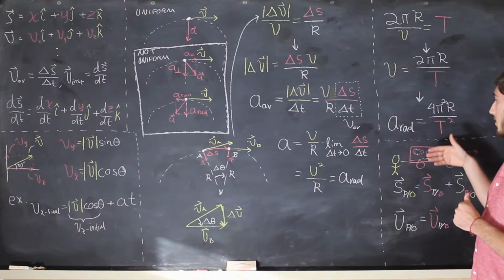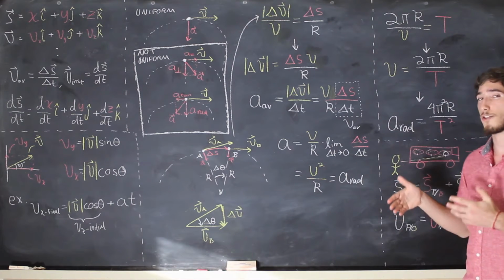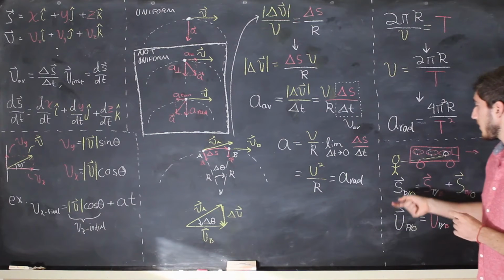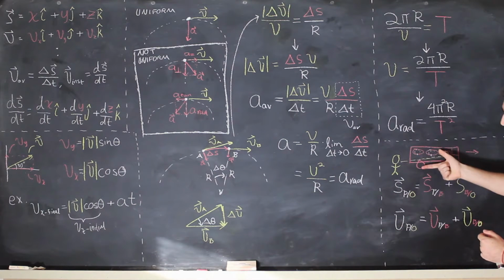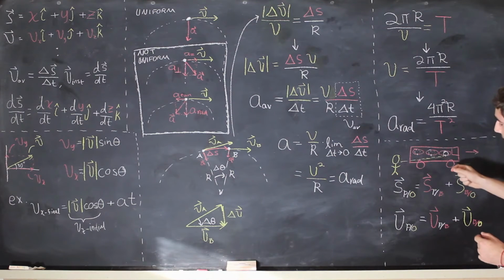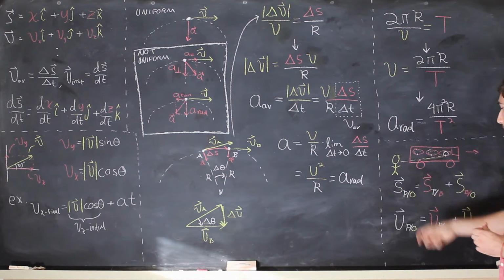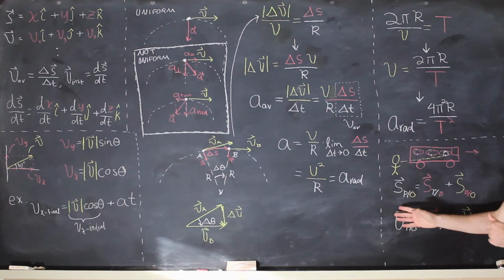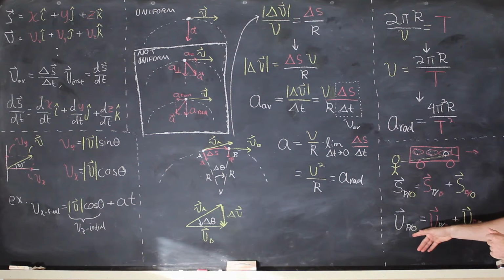And so the velocity of the passenger relative to the observer would be the velocity that the bus is moving relative to the observer plus the velocity that the passenger is moving relative to the bus. Or in other words, v of the passenger relative to the observer is equal to v of the passenger relative to the bus plus the v of the bus relative to the observer.